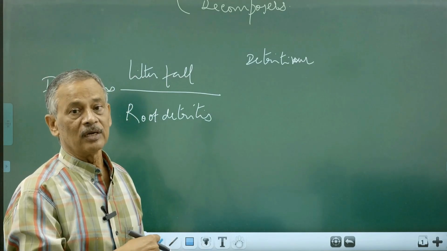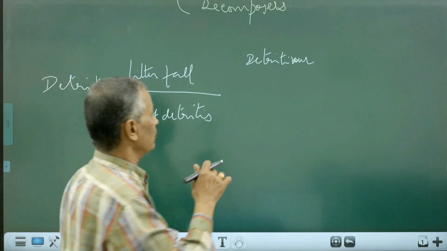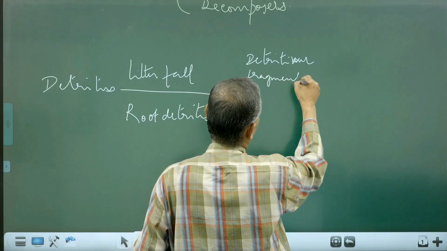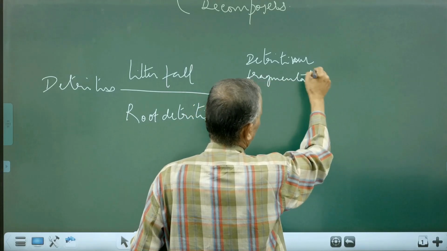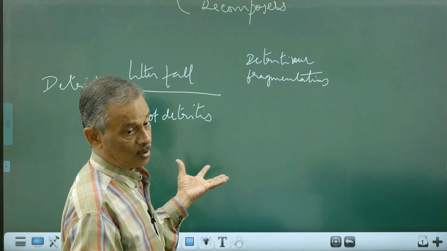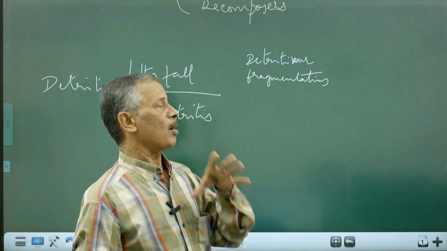They eat detritus and convert it into smaller fragments. That is called fragmentation. Large sized particles are converted into smaller ones. For example, earthworms eat these leaves, etc., and convert them into small sized ones.